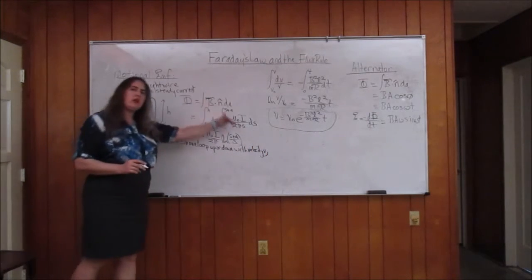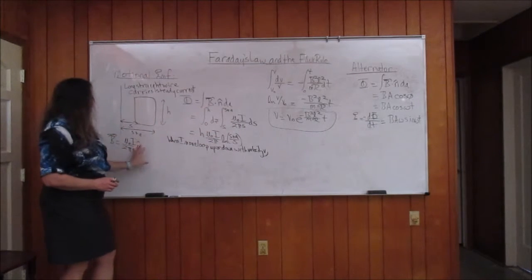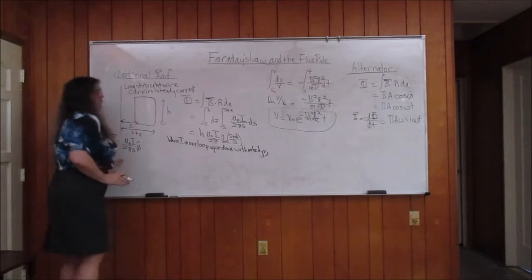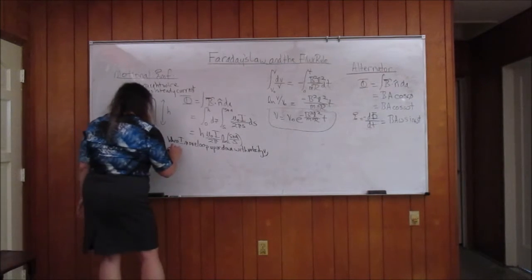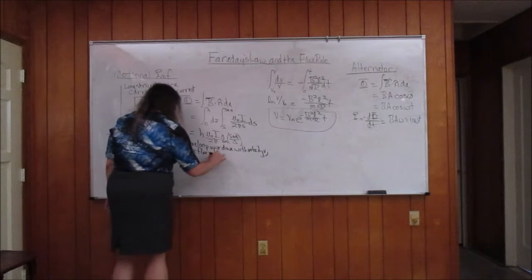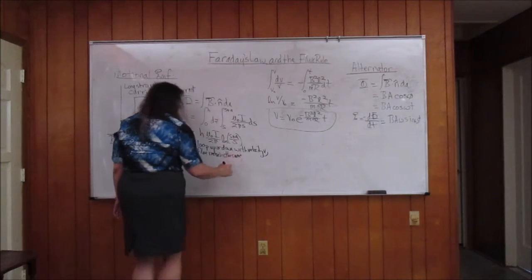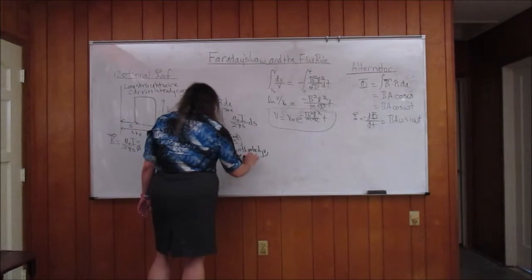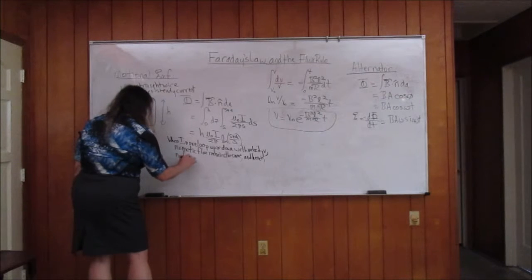However, the flux isn't changing because the strength of the magnetic field is the same at all points along here. So magnetic flux stays the same, and hence no EMF is induced.